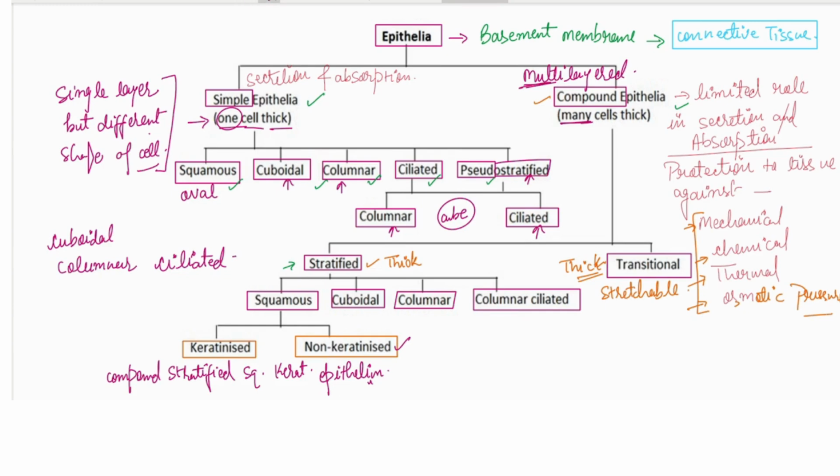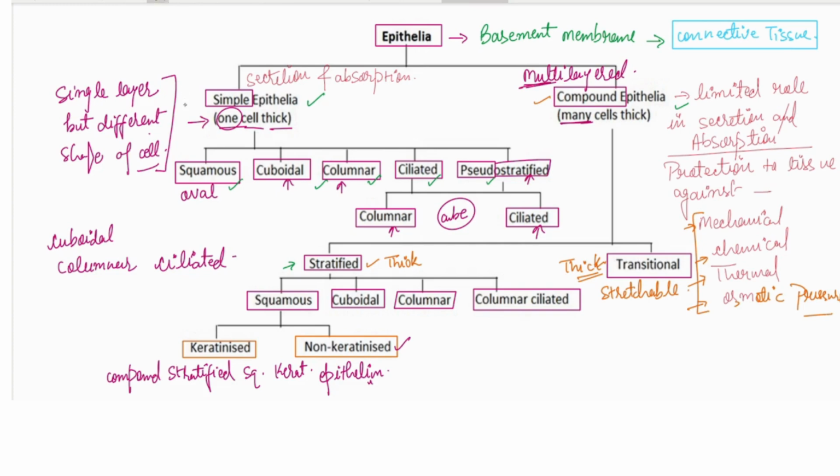Now let us see the examples, which are very, very important. That is, where the squamous epithelium is present, where the cuboidal and columnar will be present, where the ciliated and pseudostratified would be present. And what about the glandular epithelium, which is not given here, so I will mention it here itself.